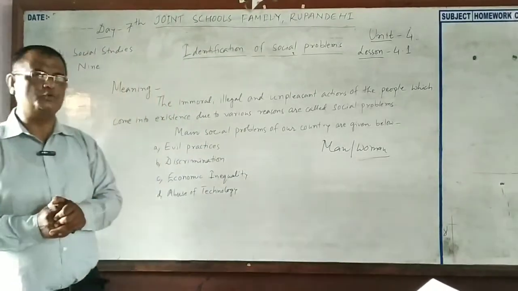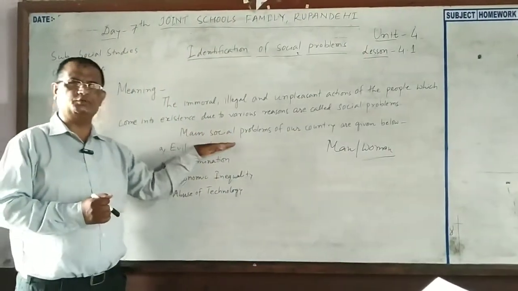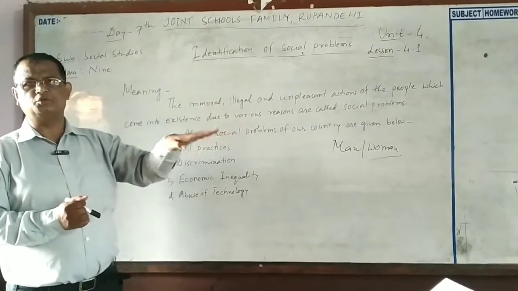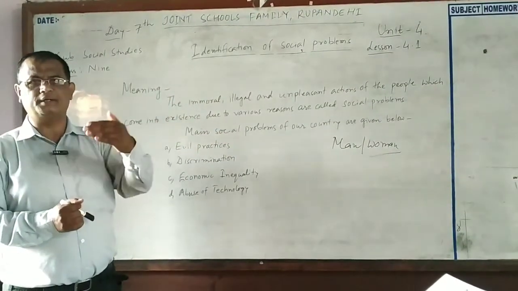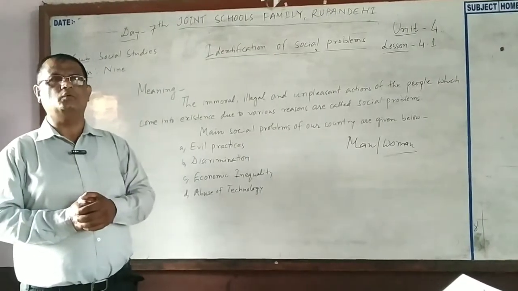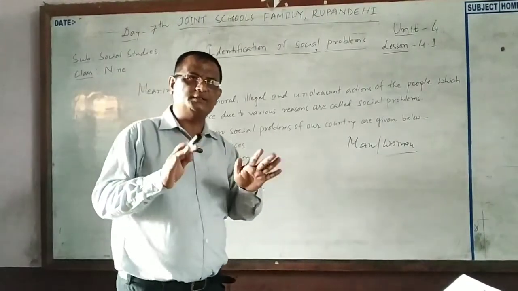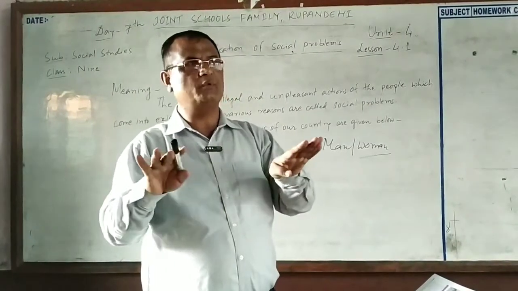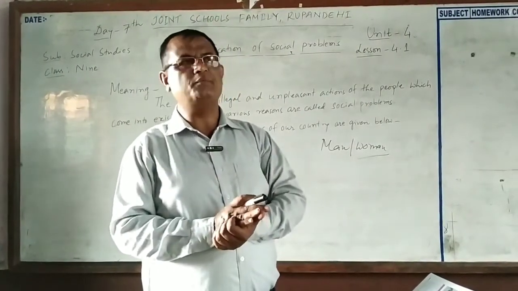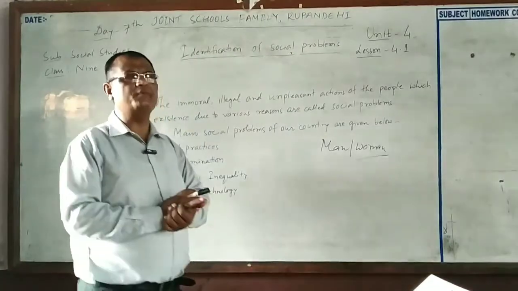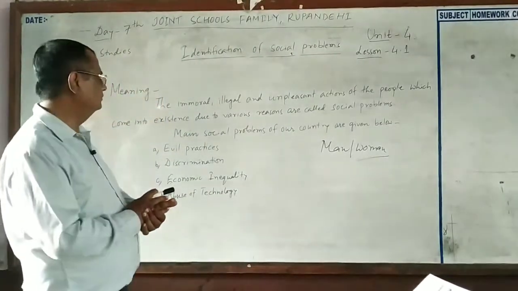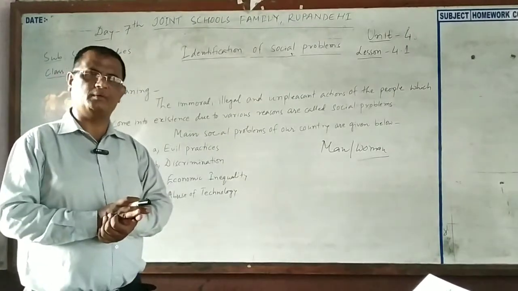Thirdly, if a social problem arises in the society, we have to solve it through negotiation and dialogue, and we have to give equal justice to the people. If people are deprived of justice, they may create some social problems.